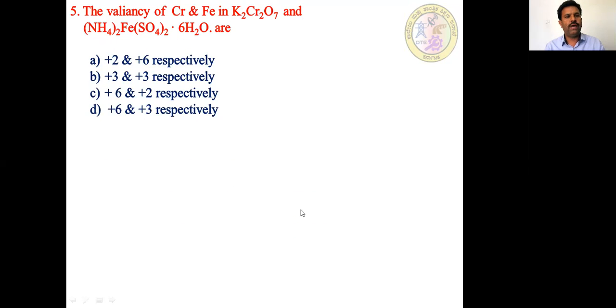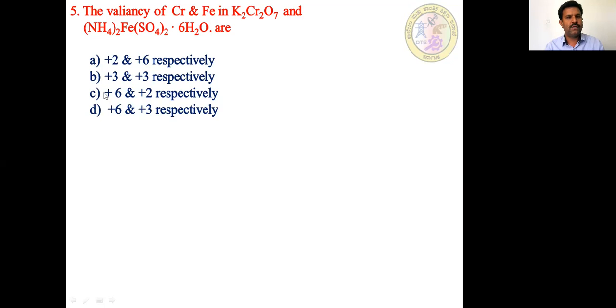Question number 5. The valency of chromium and iron in potassium dichromate and ferrous ammonium sulfate are: option A, chromium +2, iron +6, option B, chromium +3, iron +3, option C, chromium +6, iron +2, option D, chromium +6, iron +3.